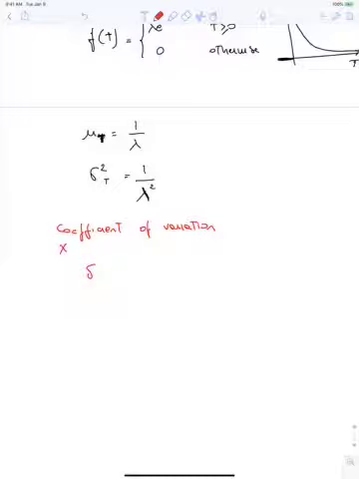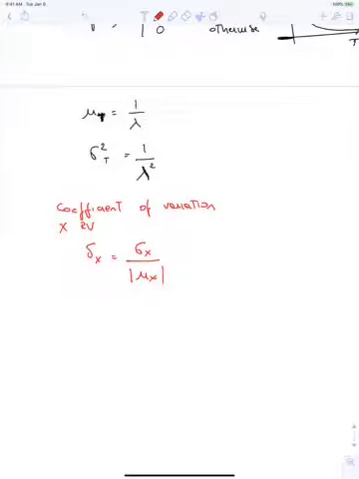So we have x, a random variable, and delta of x is the standard deviation of x divided by the absolute value of the mean. This is useful for comparing random variables with different means because, again, it is unitless.